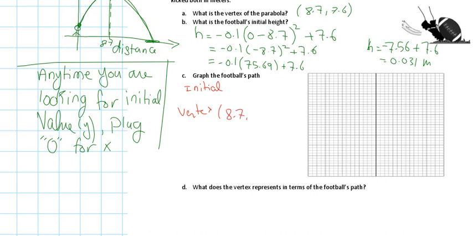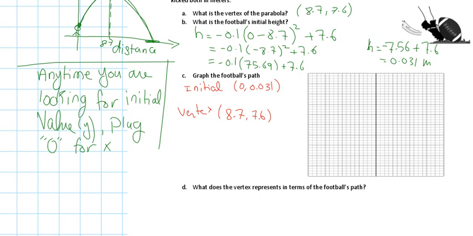Okay. And then I know my initial, right? What's my initial? 0 and 0.031. Okay? So I know these 2 points. So I need these 2 points to graph them.